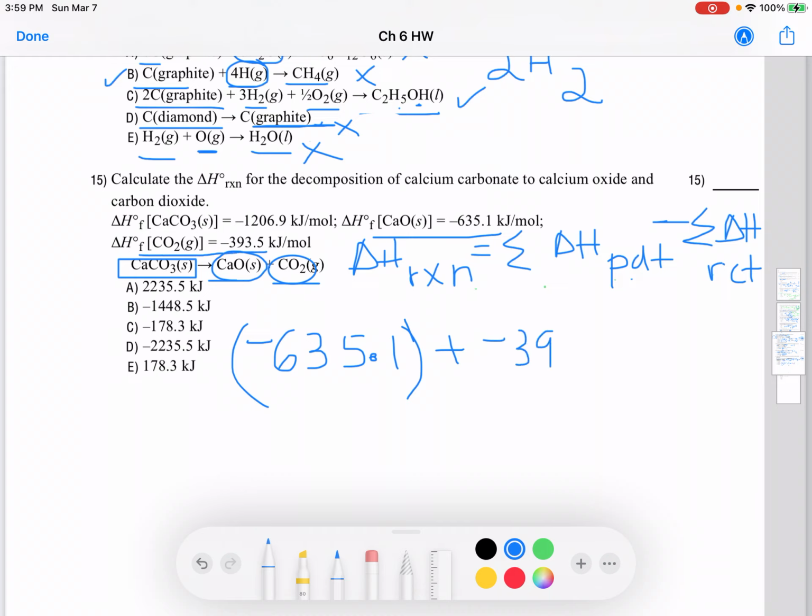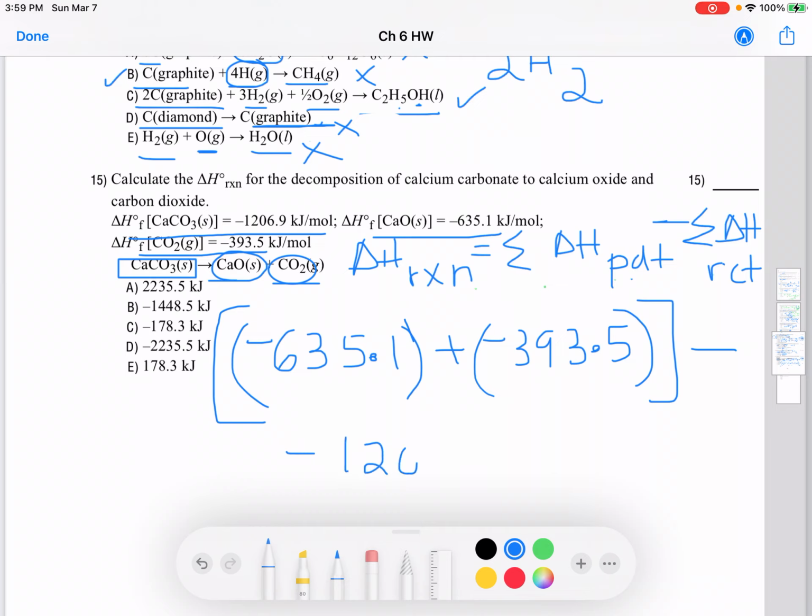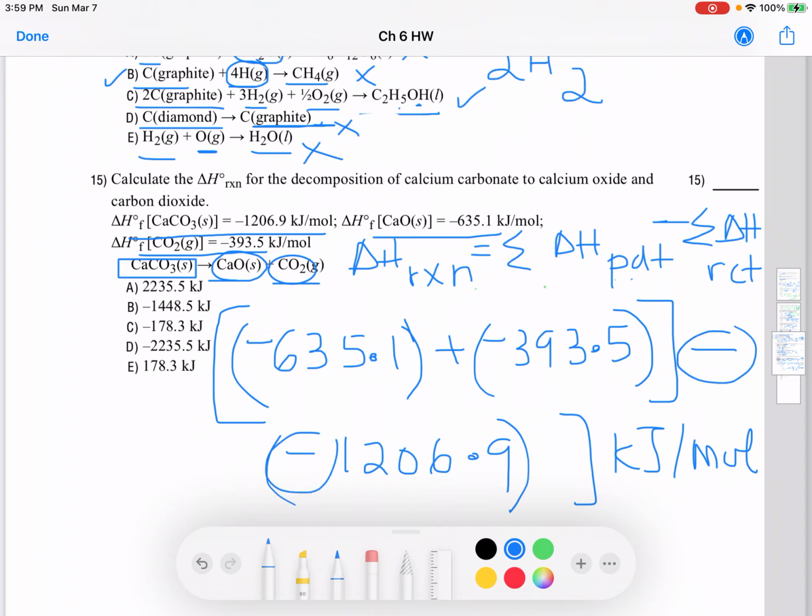negative 393.5. So that is the sum of the product. You add these two together and you subtract the formation of calcium carbonate, which is negative 1206.9. Okay, and all of these are in kilojoules per mole. So add these two together, negative 635.1, negative 393.5, and this negative will make it positive. So you can find the answer. Let's see.